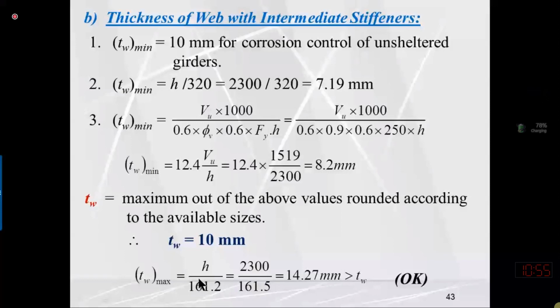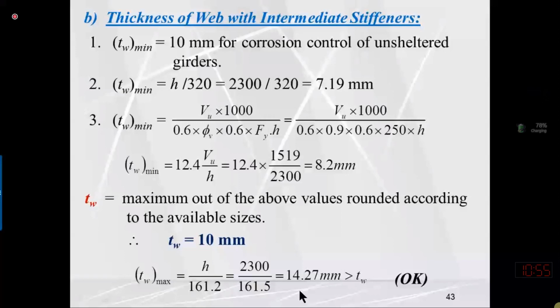So the thickness of the web that we are going to provide is less than TW maximum, so that is okay. In case this value is coming out to be 15, which is more than 14.27, we cannot provide the thickness of the web more than this value.